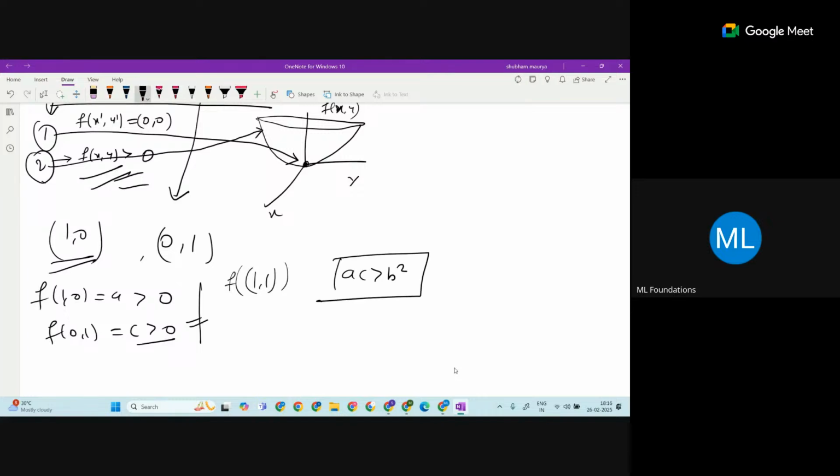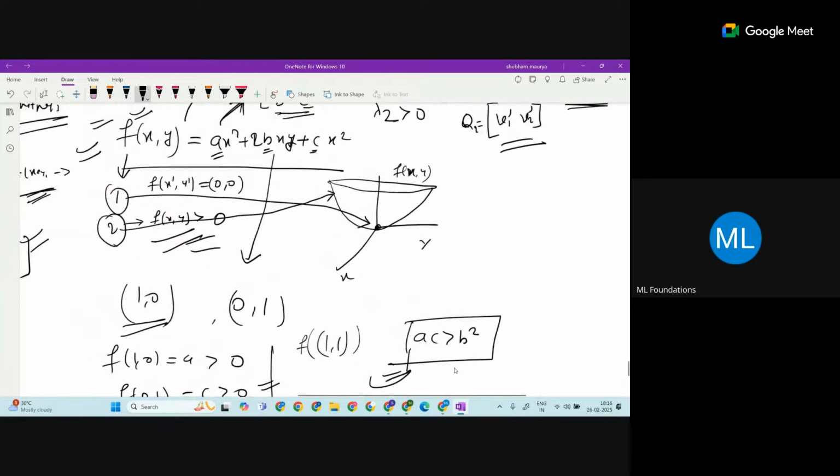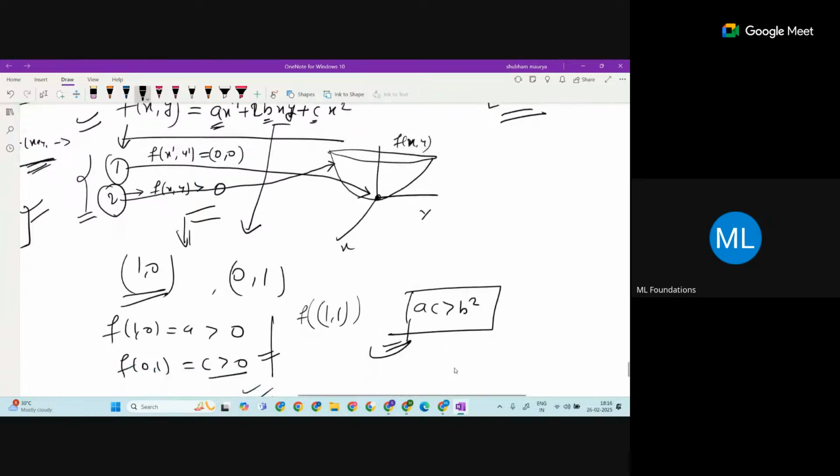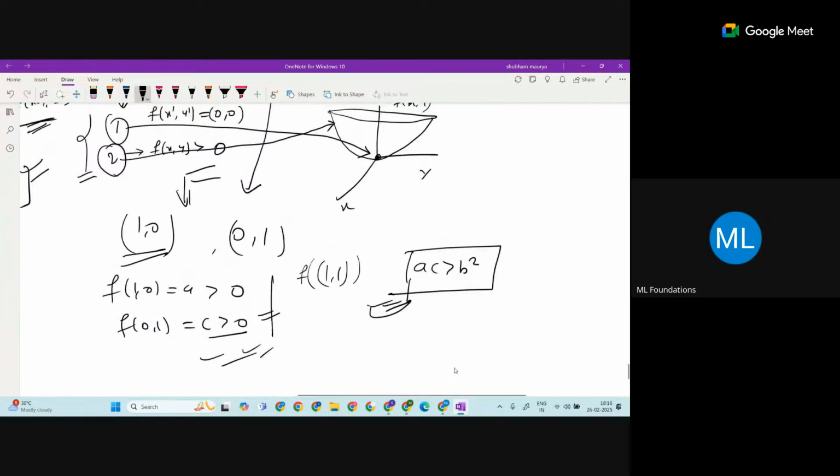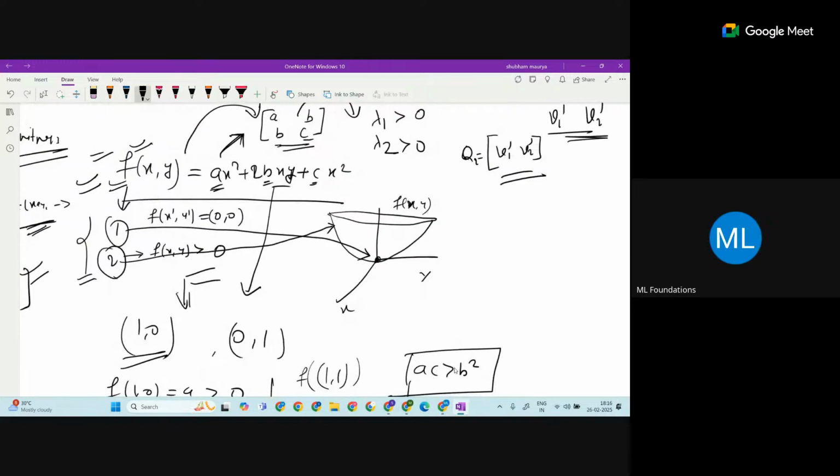If these three conditions happen simultaneously, then we can say this function is positive. This is a property for the function only.